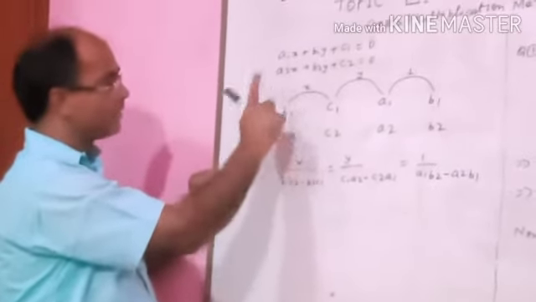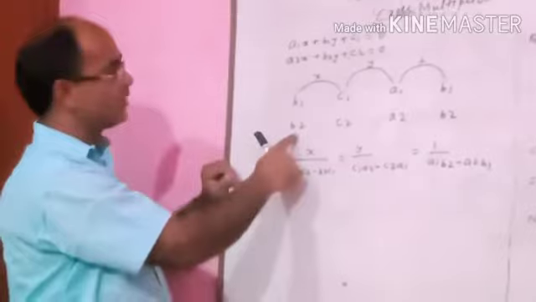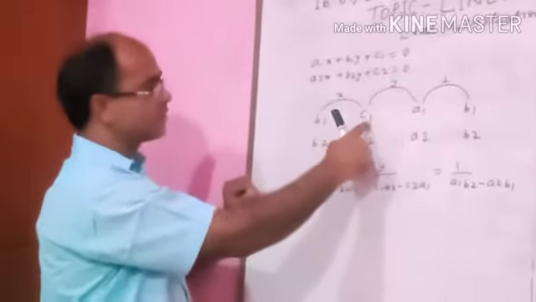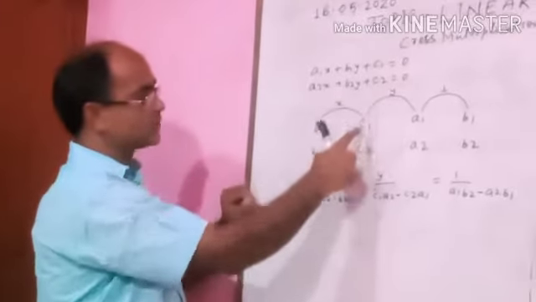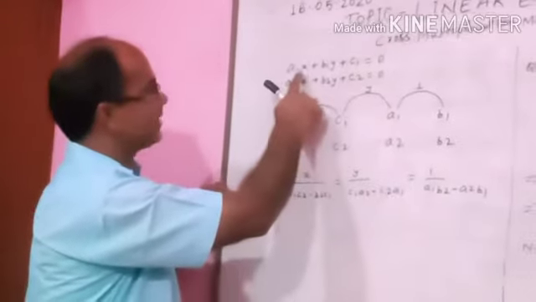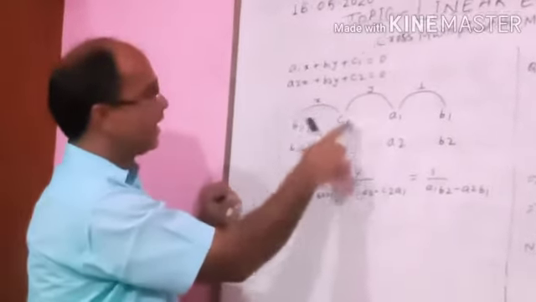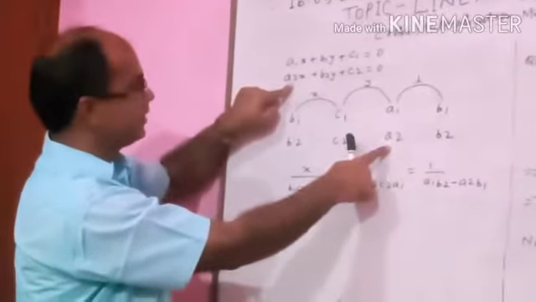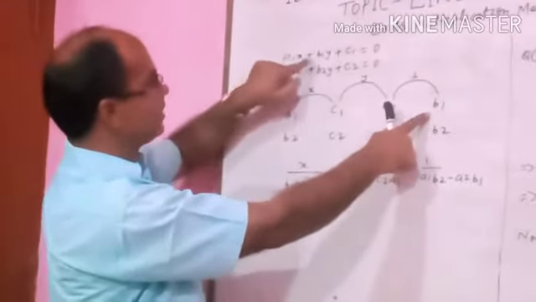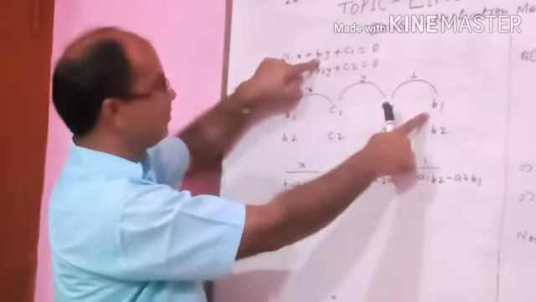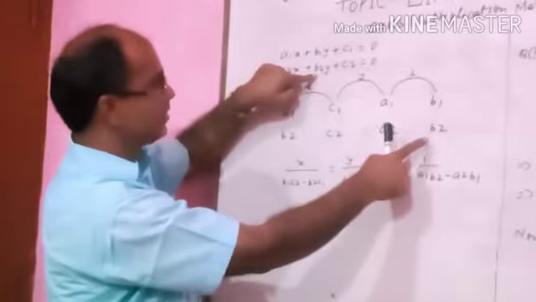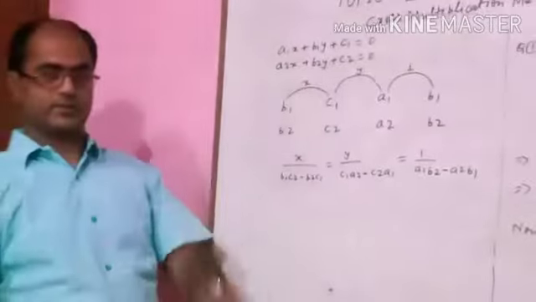b1, b2 are the coefficients of y, c1 is the constant term of the first equation, and c2 is the constant term of the second equation. a1 is the coefficient of x in the first equation, and a2 is the coefficient of x in the second equation. b1 is the coefficient of y in the first equation, and b2 is the coefficient of y in the second equation.